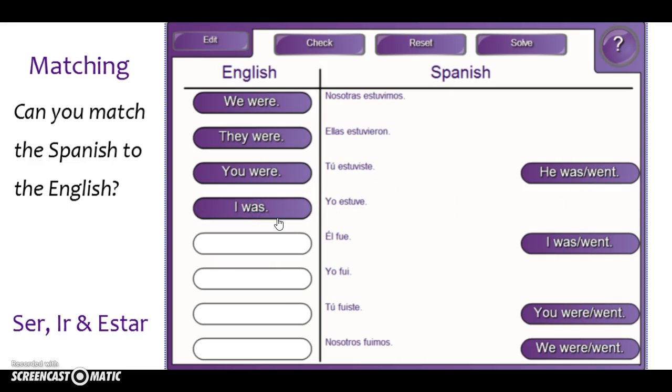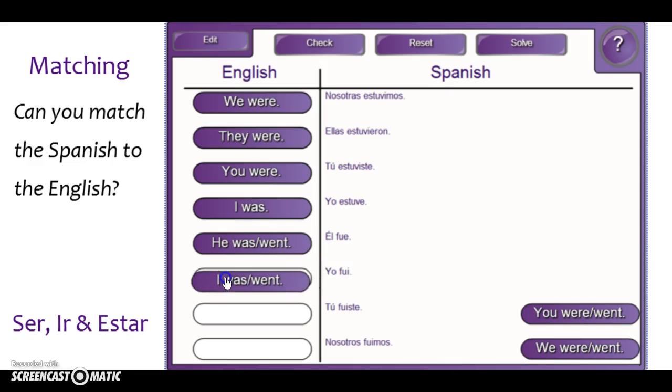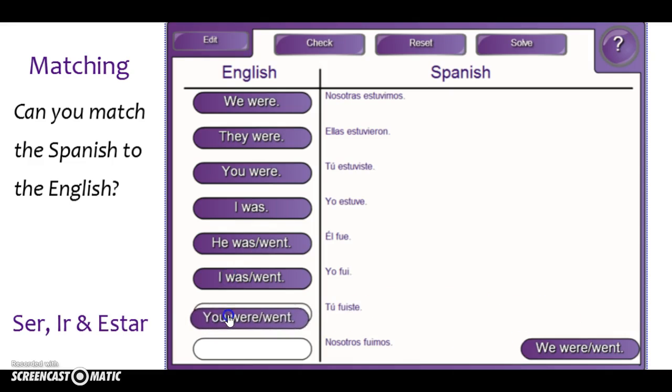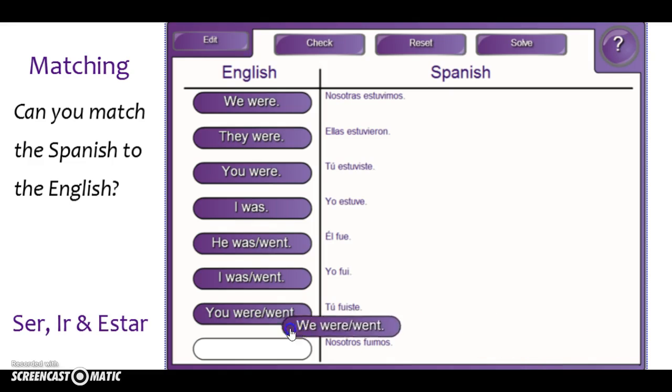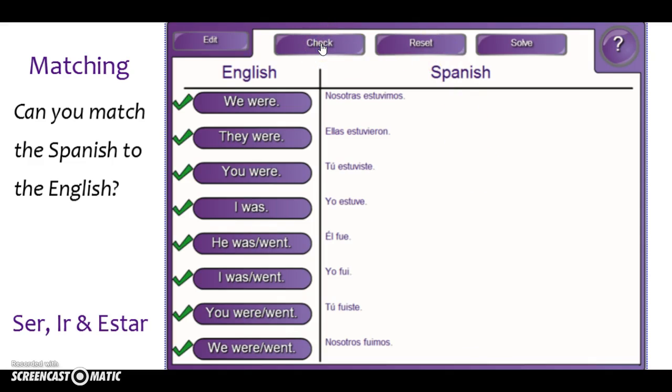I was. Él fue. He was or he went, depending on context. Yo fui. I was or went. Tú fuiste. You were or went. And nosotros fuimos. We were or went. Check it again. A job well done. Muy bien.